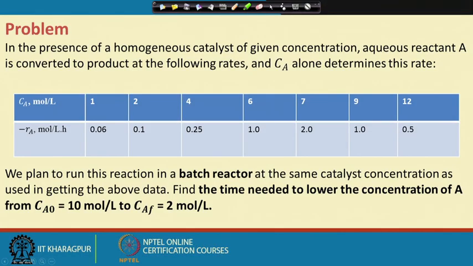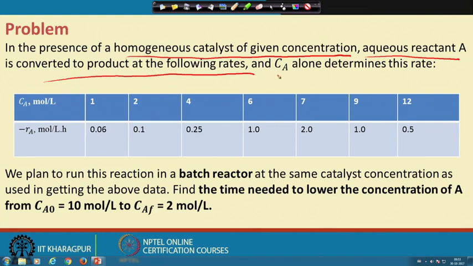Now, if you look at the first problem that we have, this problem says that in the homogeneous catalyst of a chemical of given concentration, aqueous reactant A is converted to product at the following rates, and CH alone determines this rate.